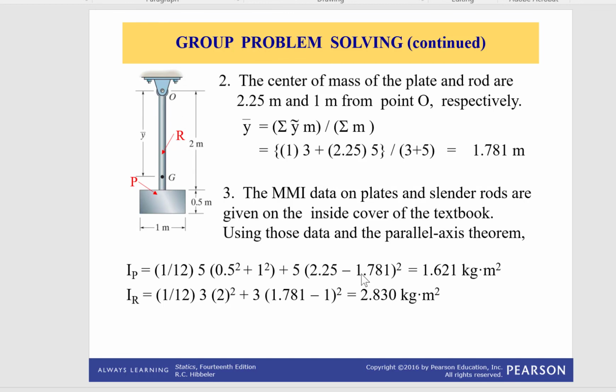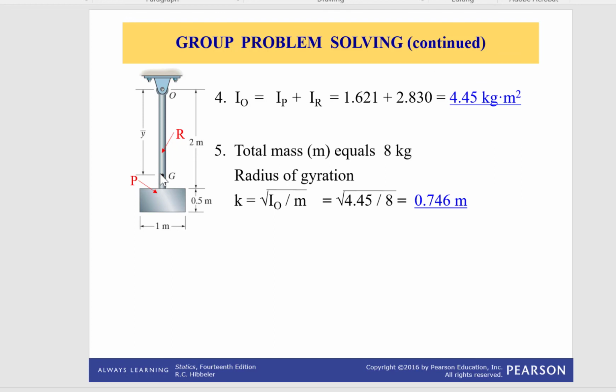So you need to make an adjustment to the distance over here. This distance is calculated in reference to G. So we are moving it there, and then the problem will follow by adding the mass moment of inertia of each component that is already transferred, and then calculate the radius of gyration. So take a look at that.